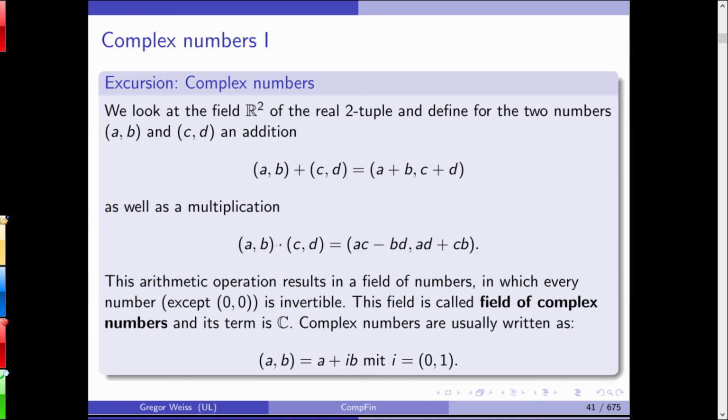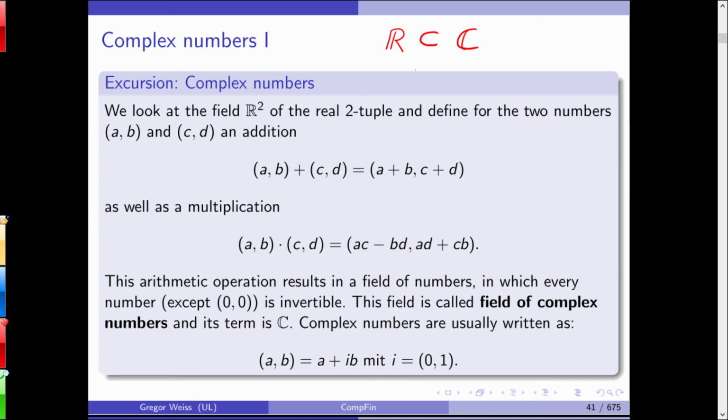And you define this, and then you realize that actually this set of numbers, together with this multiplication and this addition, gives you a field of numbers in which you can find almost the same results as in the real numbers, but actually the complex numbers are much more interesting. First of all, R is a subset of C, of the complex numbers.